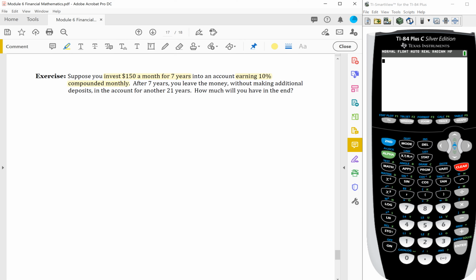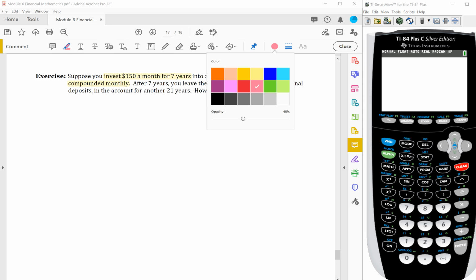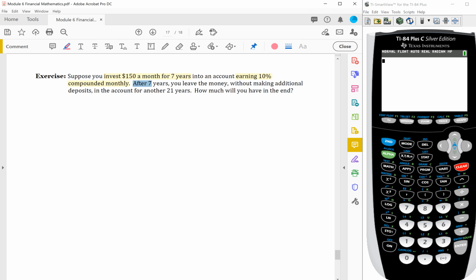After 7 years, you leave the money without making additional deposits in the account for another 21 years. How much will you have at the end?